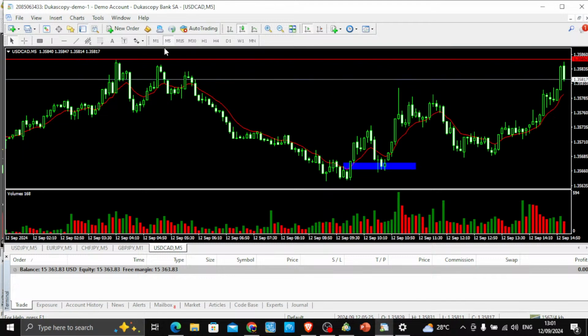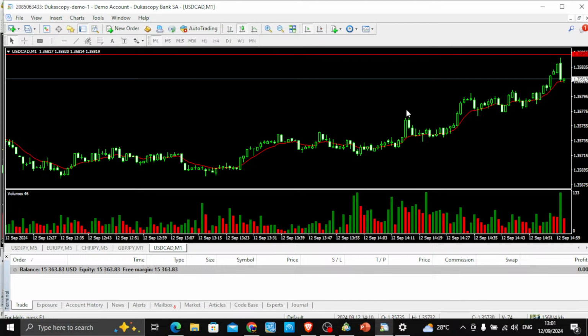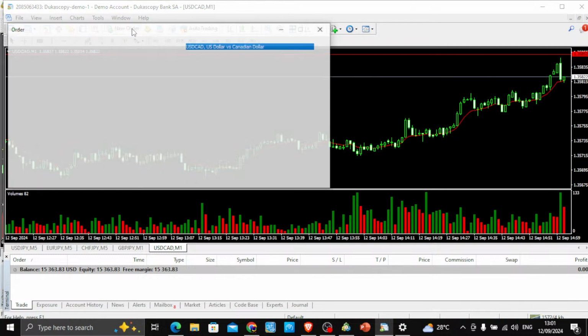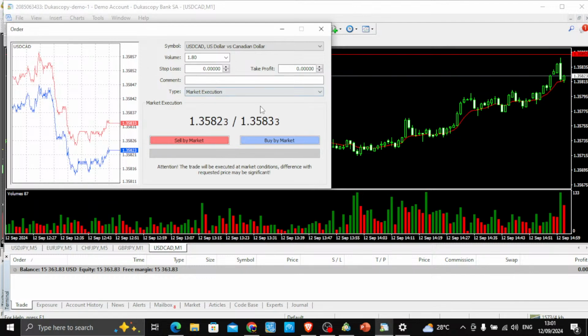Yes. Look at this bearish candle on 1 minute. If you check all this, you have not seen any candle like this. Yes. So this is just for demo. Let's see what happens.